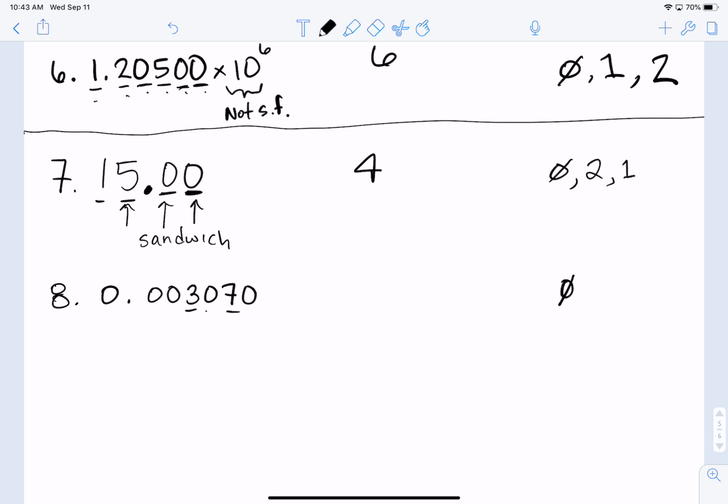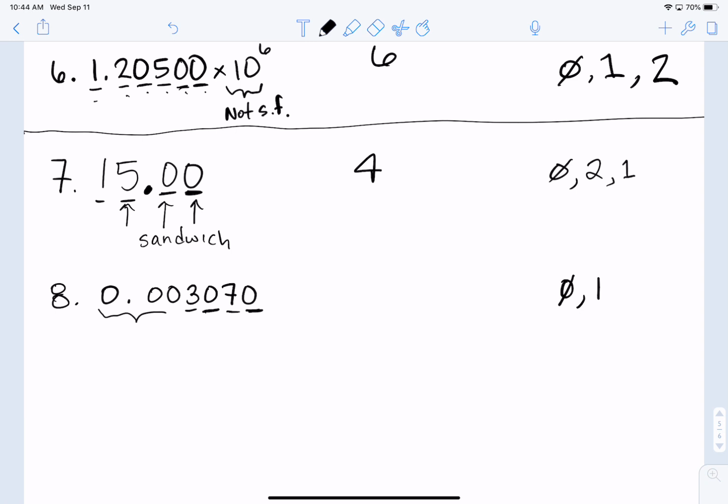This one in between the 3 and the 0, we're all good. It's a sandwich. So that's number 1. If you read rule number 2, it does in fact have a decimal place, Amir. And so this 0 right here counts because it's to the right of the decimal place.